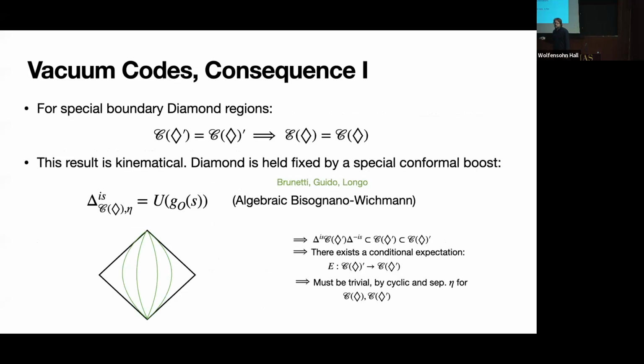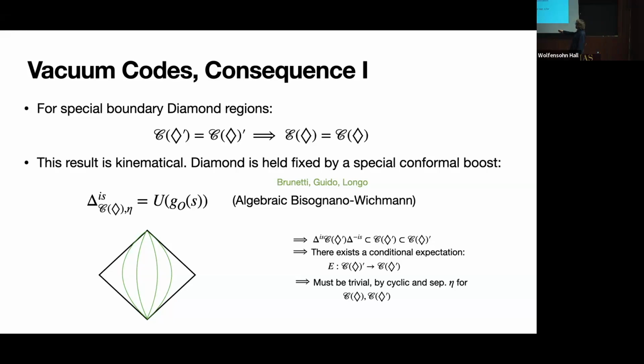This is a kinematical result. It just follows from symmetries, from the fact that the modular operator that I talked about before for this diamond region, raised to the power is, is just the generator of a conformal symmetry, a special conformal boost that holds fixed the diamond, right?